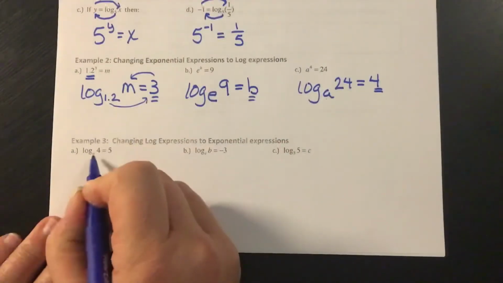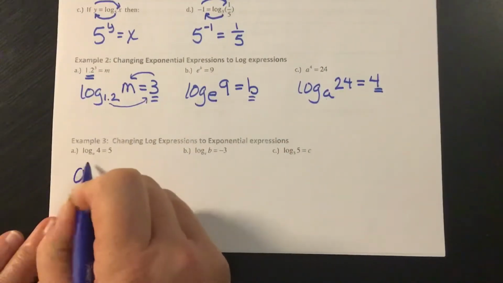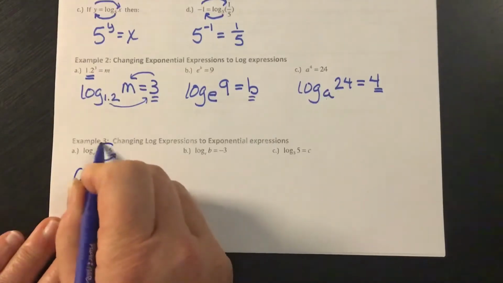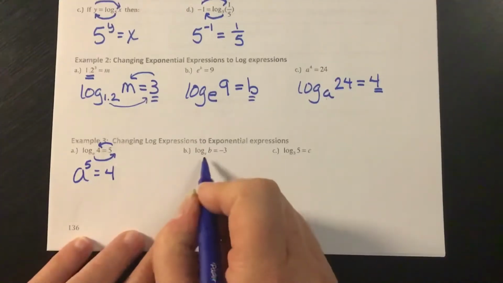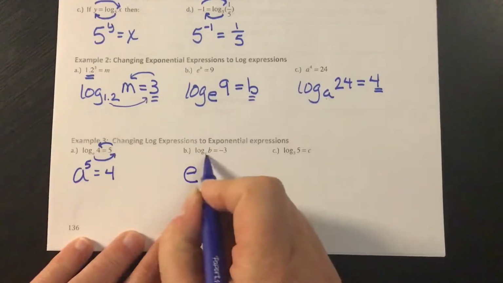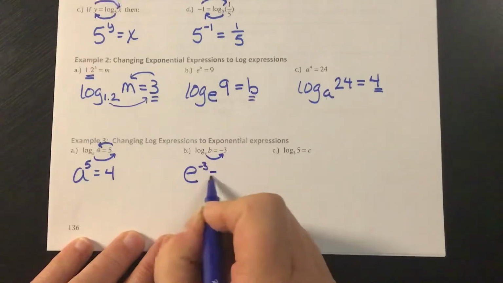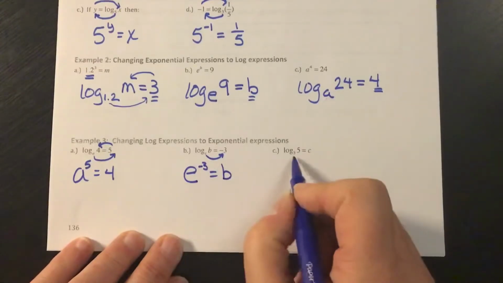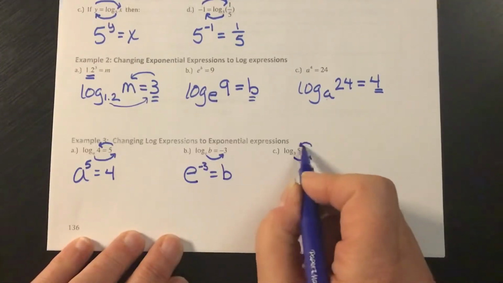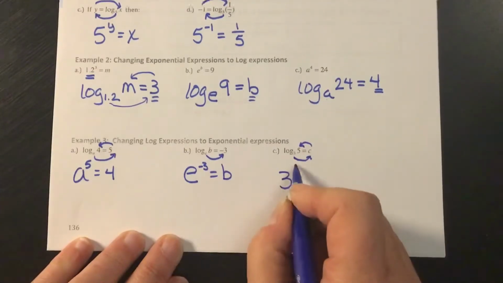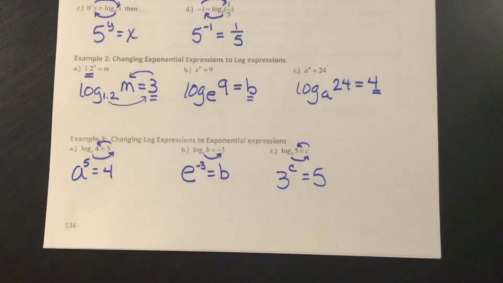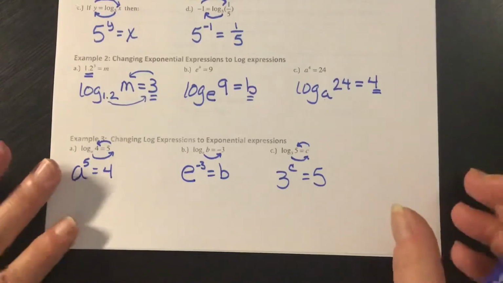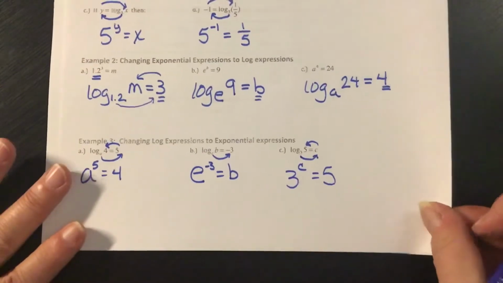So I start with a to the fifth power equals 4. e is my base, to the negative third power equals b, and 3 to the c power equals 5. It's very important that we're able to convert between exponential and logarithmic equations or functions.